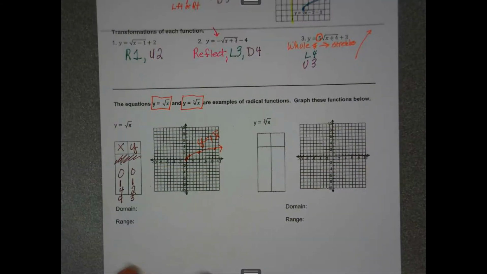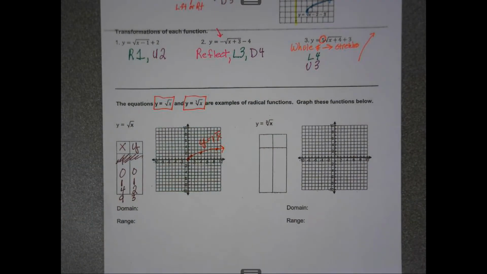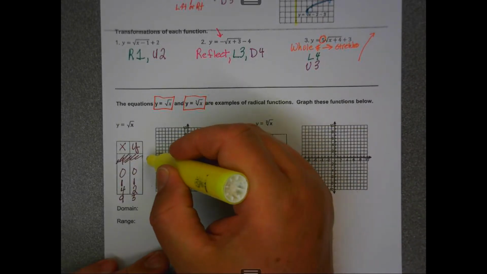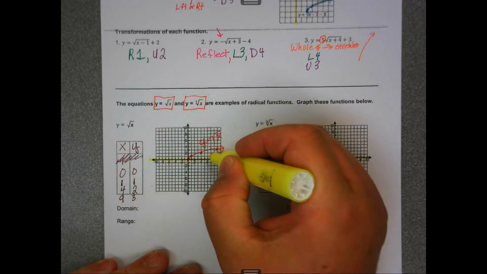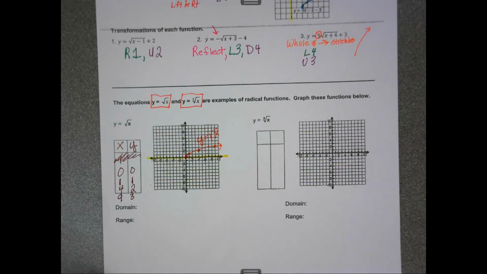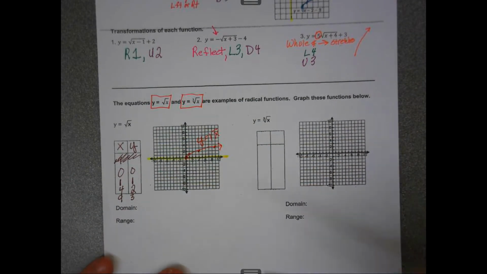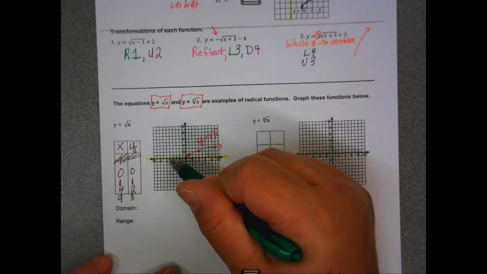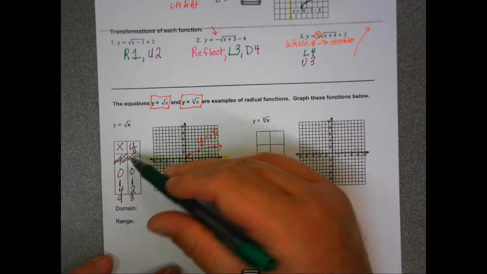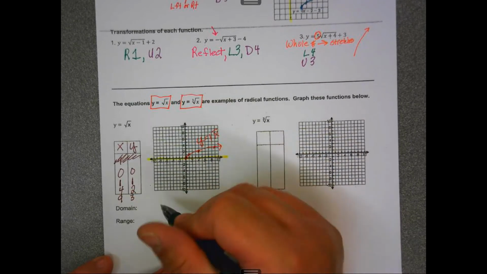Now, if I look at the domain, don't forget, is all my x values of the function. So here, my domain is going to start. I can't use negative numbers for my x. It starts at 0.